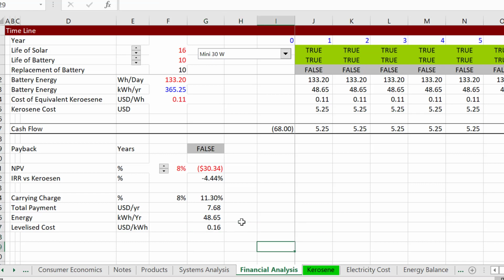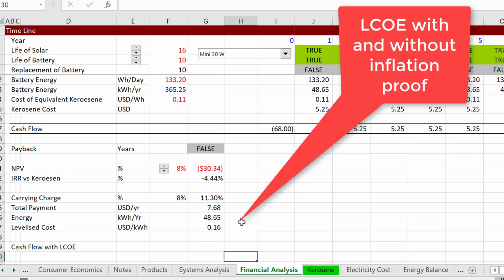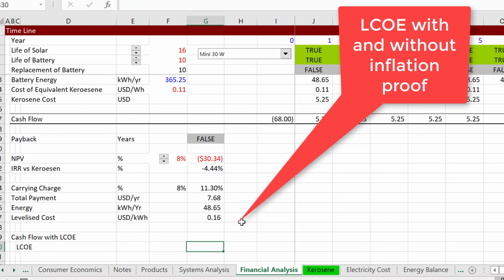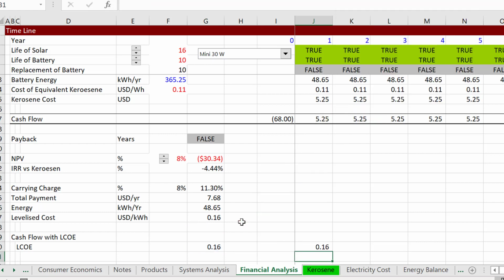If I would put a little cash flow with LCOE, we'd first put in the LCOE, and this time I'm going to put this Shift Control R.